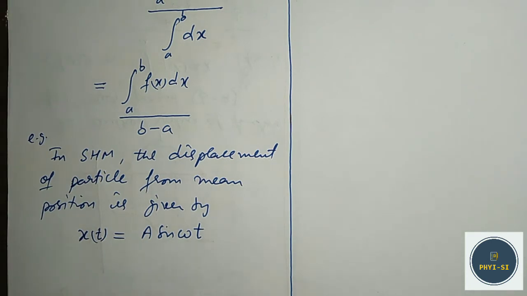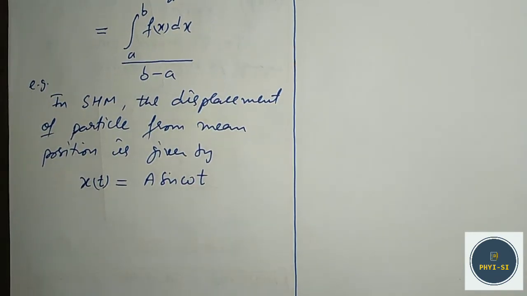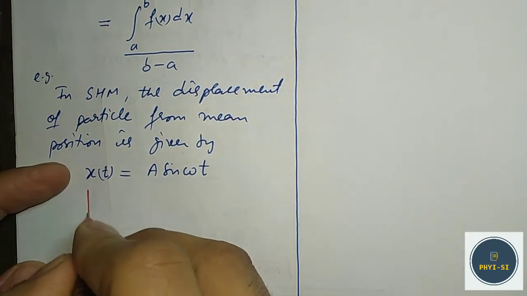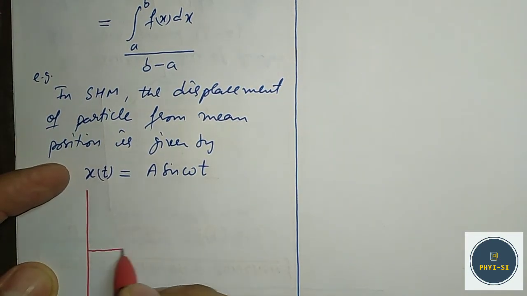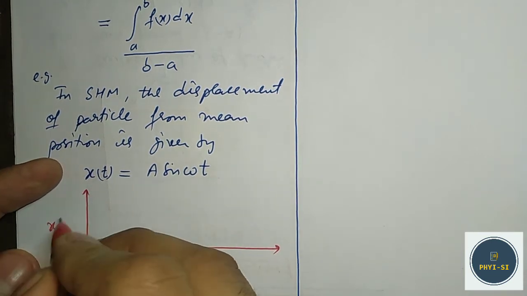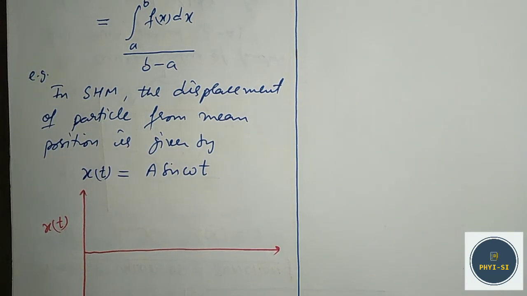What is a? A is the amplitude, omega is the angular frequency, and t is time. If I plot this curve, it is a sinusoidal function. A sinusoidal function is one where we have cosine or sine.